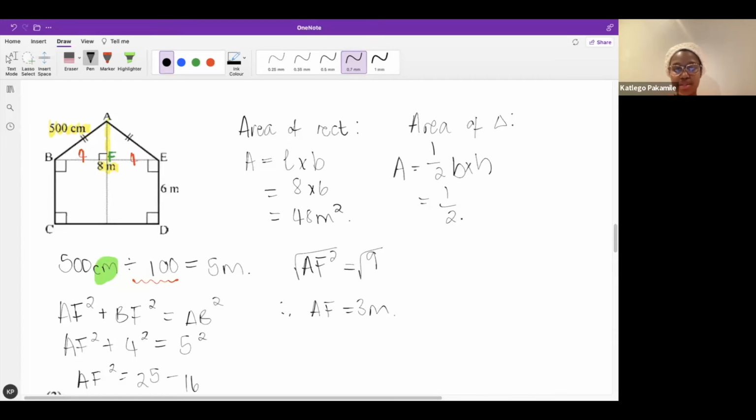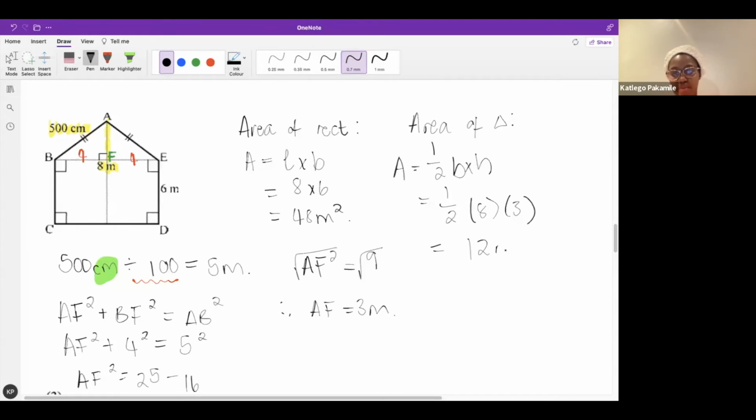What's my base for my triangle? 8. And my perpendicular height that we just figured out is 3. Okay, what is my area? Nope, it's half of base times height. I will be careful. So what's my area?